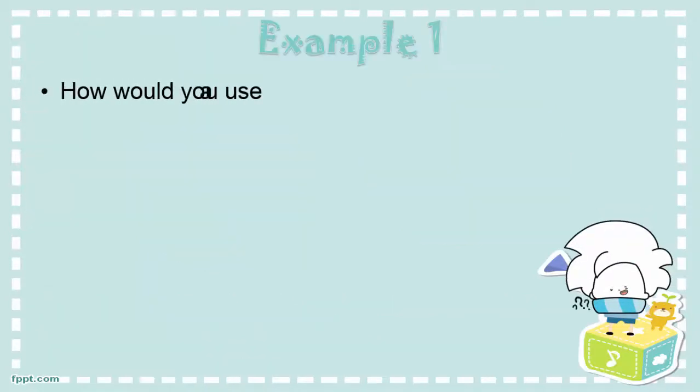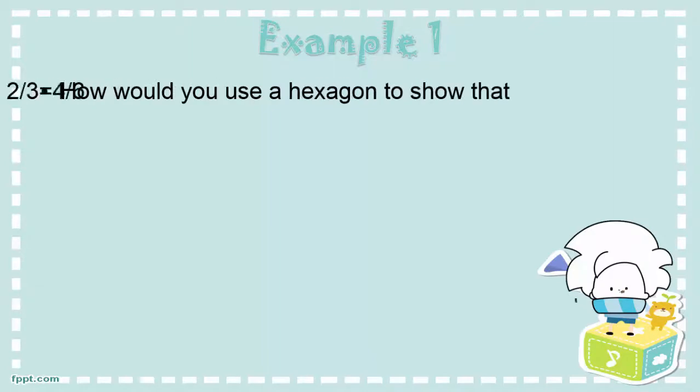Example number 1. How would you use a hexagon to show that 2/3 is equal to 4/6? Let us go over to the whiteboard and show how this can be done. So in example 1, we're going to draw a picture of a hexagon.